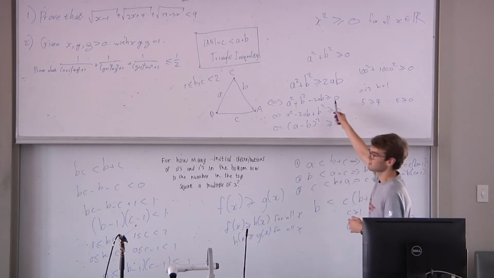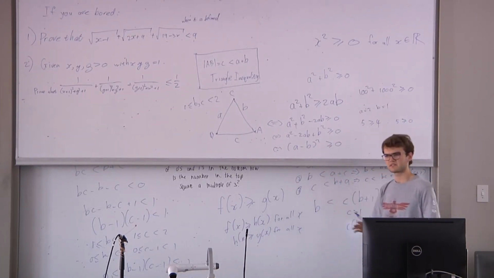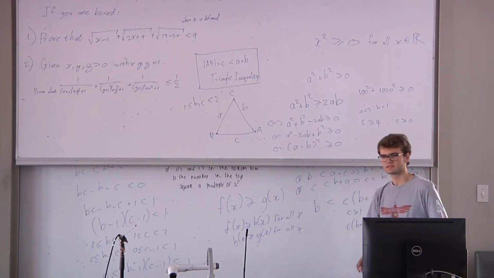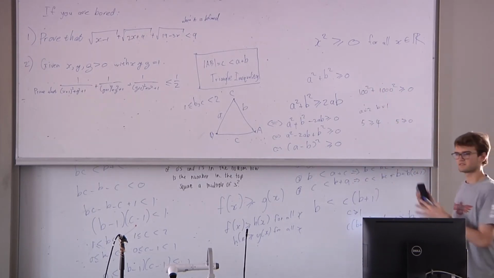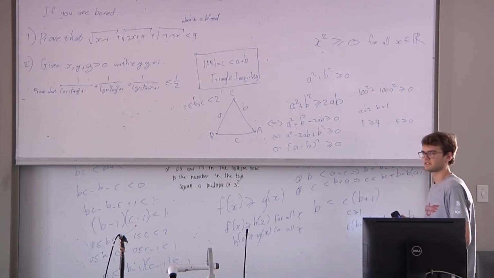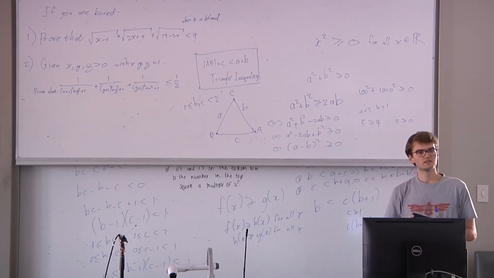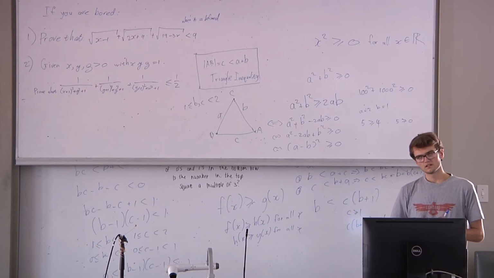So this technique of moving stuff to one side and making them squares is known as proving by first principles, because you derive it down to something like that, and then it's very clearly true when you write it in that form. Okay, yes? Are you saying that all inequalities are reducible to a square being greater than naught in some way?